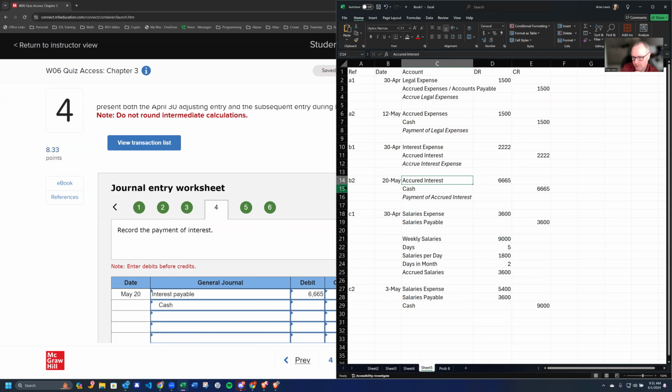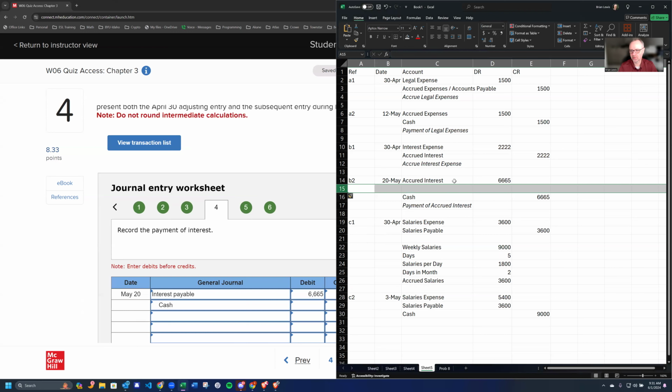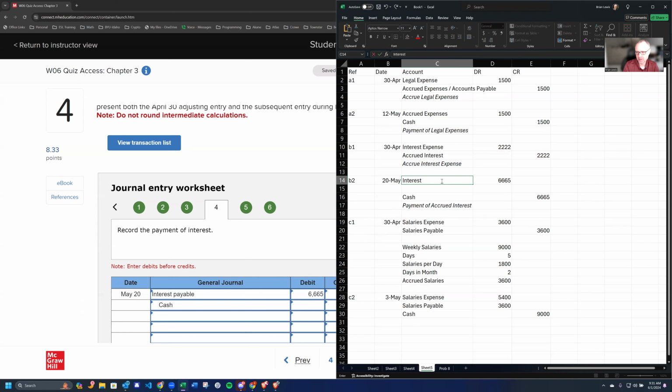So this one we have 3 items, right? We have the interest expense for the difference, which equals 6665 minus 2222.